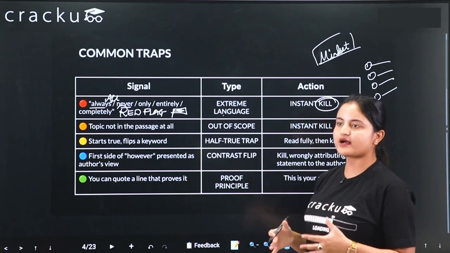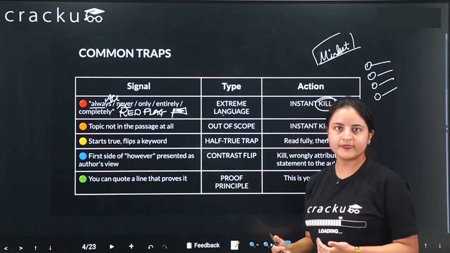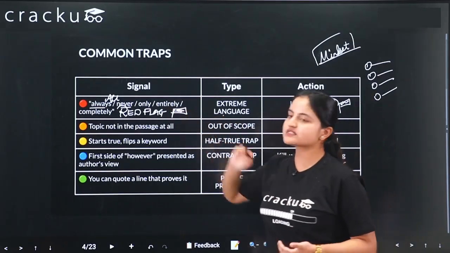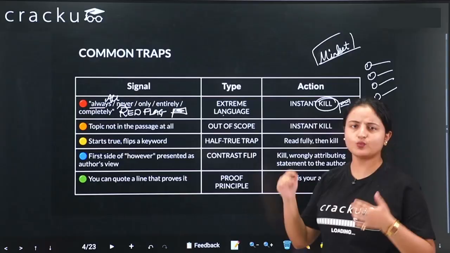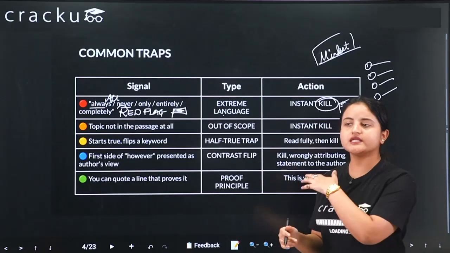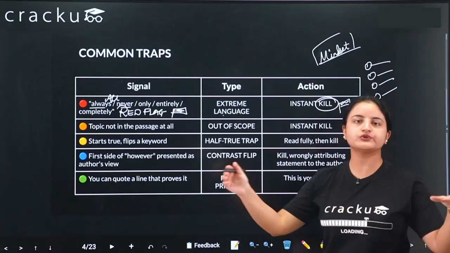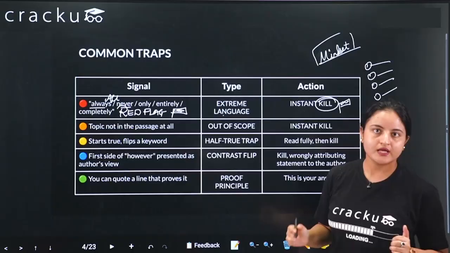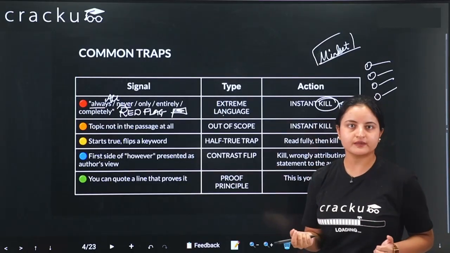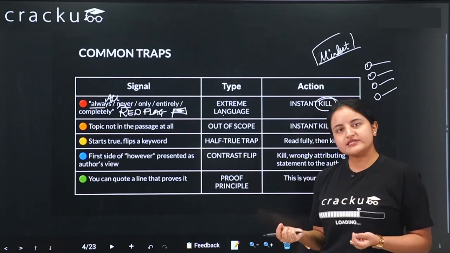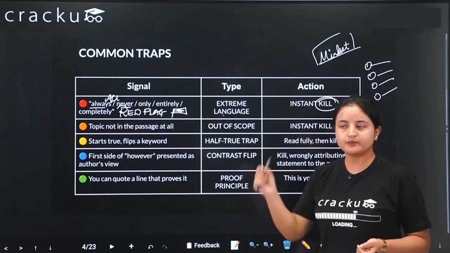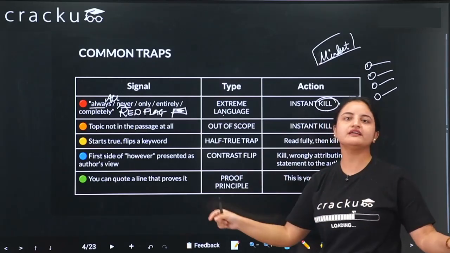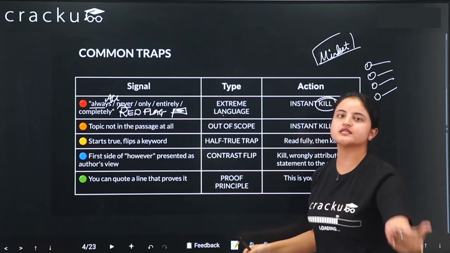Sometimes they will have the right answer, but they will use these extreme words. What the author is saying is entirely applicable to the domain of neuroscience. So when you're saying entirely applicable, what the author might be saying might be applicable, but saying that something is entirely applicable gets extreme.